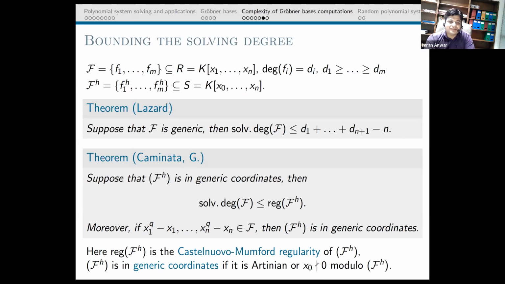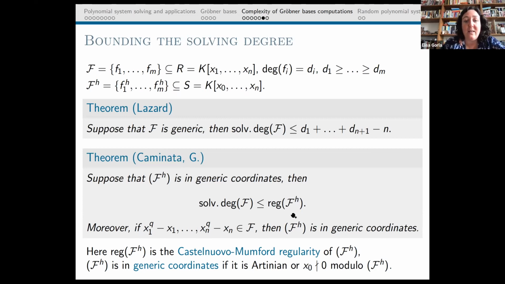And secondly, this theorem of Caminata that you have stated here, it works only for homogenized F? Yes. You start from your F, you homogenize each equation, and then the regularity is the regularity of the homogenization.